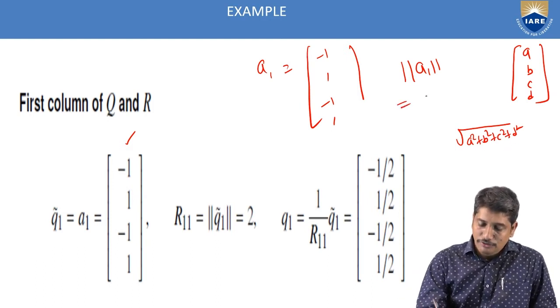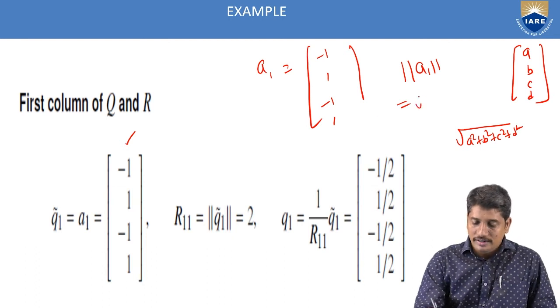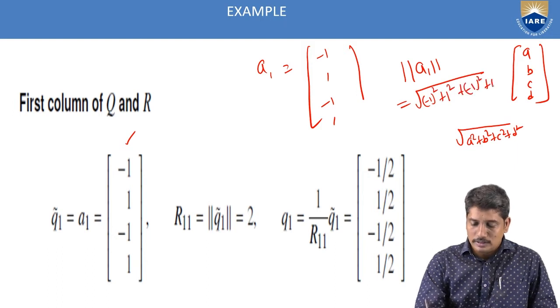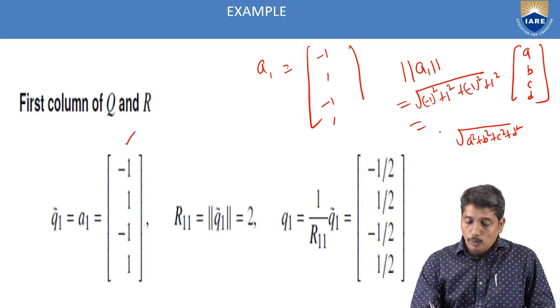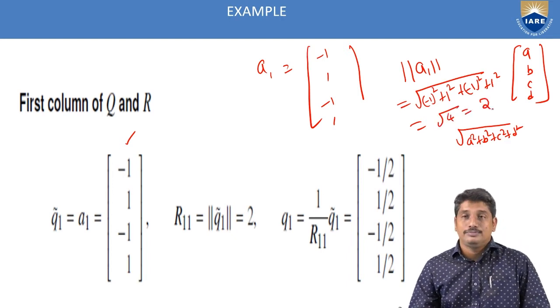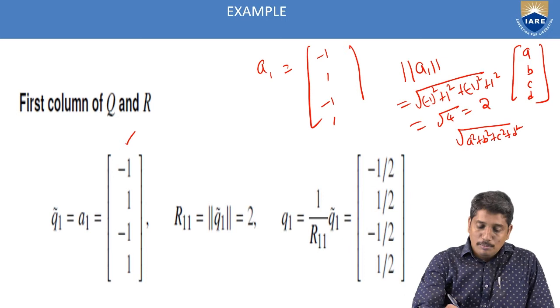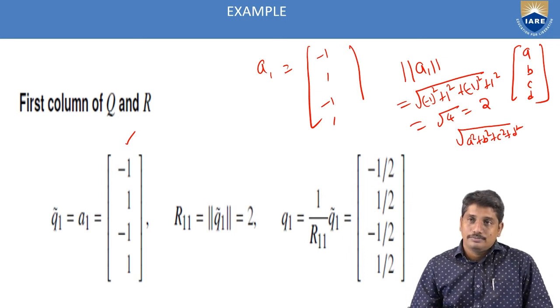In the same way, the norm of this vector will be root of minus 1 whole square plus 1 square plus minus 1 whole square plus 1 square, and hence we get root 4, and hence the answer is 2. So the norm of this vector is 2.